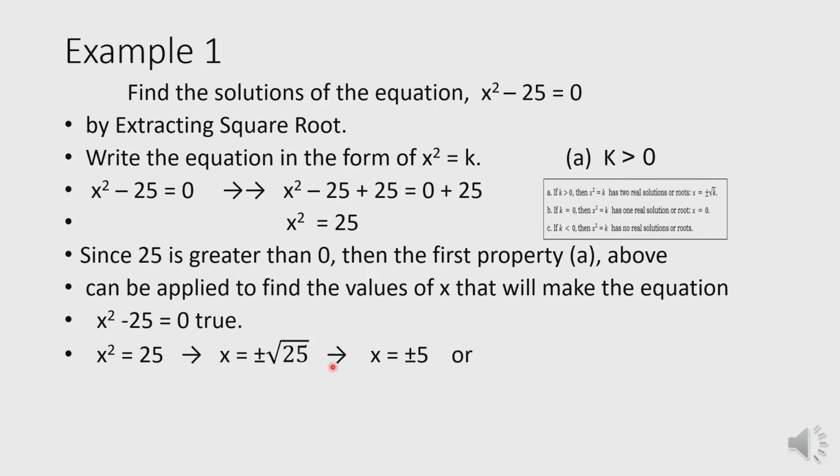That becomes x is equal to negative and positive 5. Or the value of the solution that makes the statement true from the original is when x sub 1 is negative 5 and when x sub 2 is positive 5 to make the statement true.